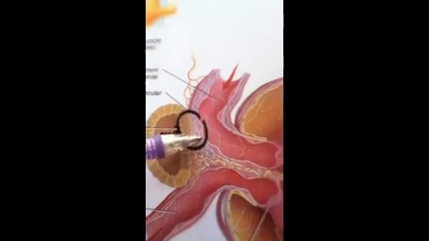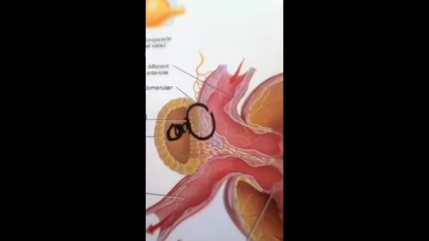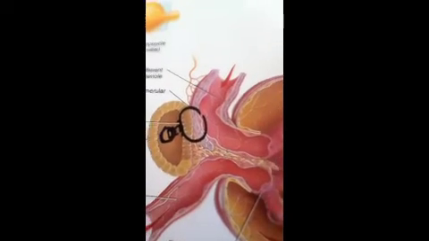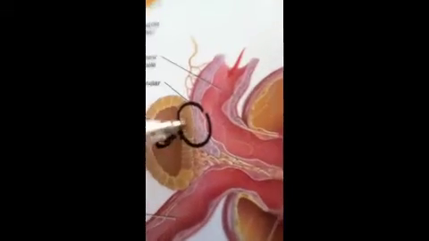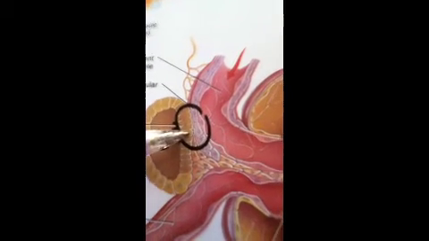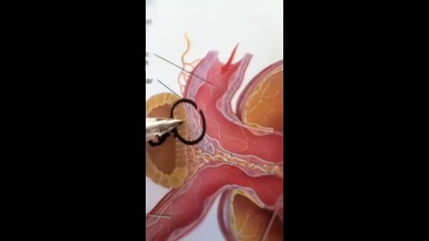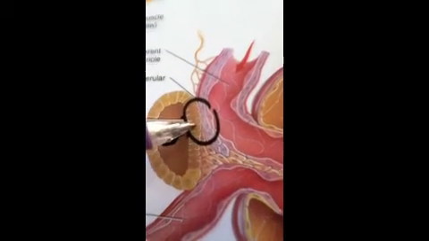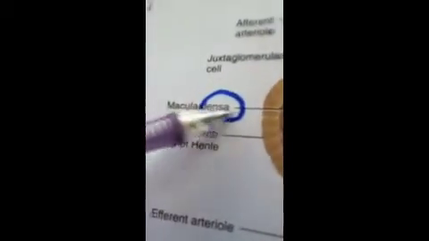Those cells, part of the afferent arteriole, are called juxtaglomerular cells. Now, if you look at these cells here, do you see how they're kind of talking to these cells here? They're communicating with each other. These juxtaglomerular cells are communicating with these cells here. And these cells are called the macula densa cells.